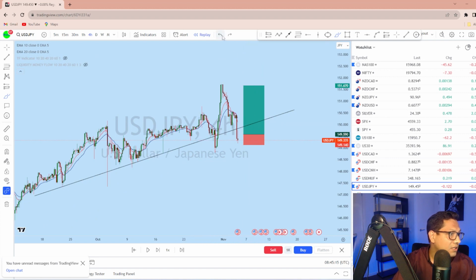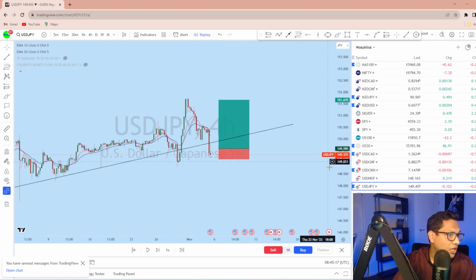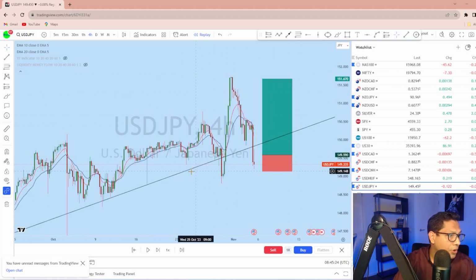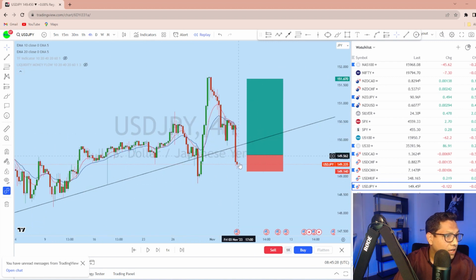Now from that support, what happened is that dollar yen had a strong breakout and an immediate drop, and with that drop you can see that the market has broken that trend line completely to the downside, has broken this swing low, and has come to a level which is overextended to the downside, which is the local breakdown.